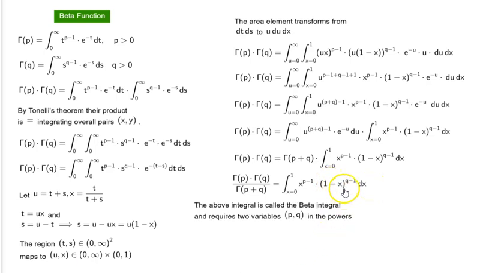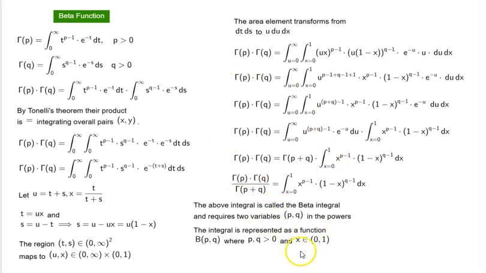This integral is called the beta integral and requires two variables, p and q, in the powers. The integral is represented as a function B of p comma q, where p and q are greater than 0 and x is in the interval 0 comma 1.